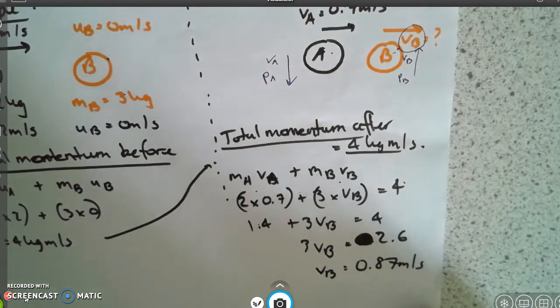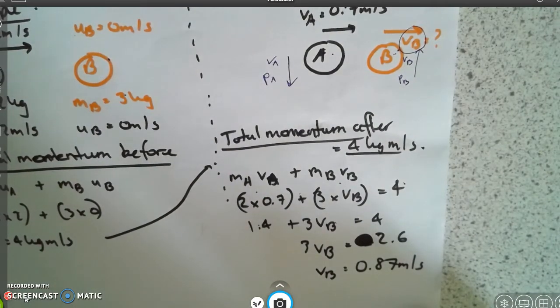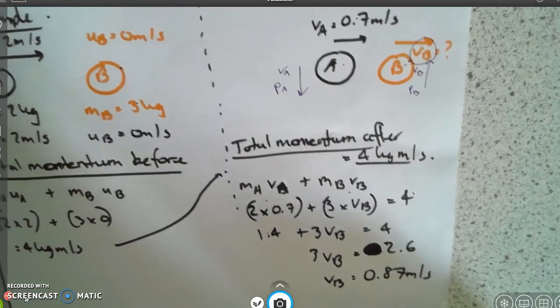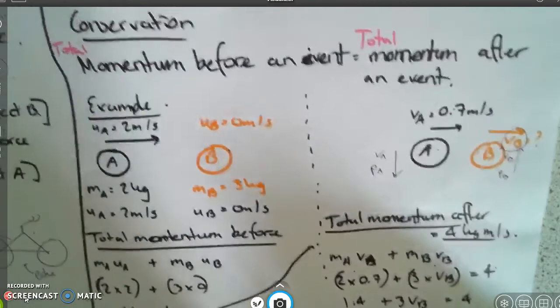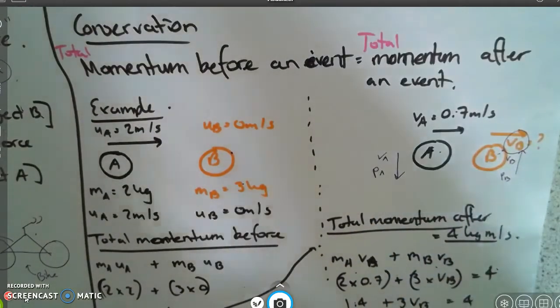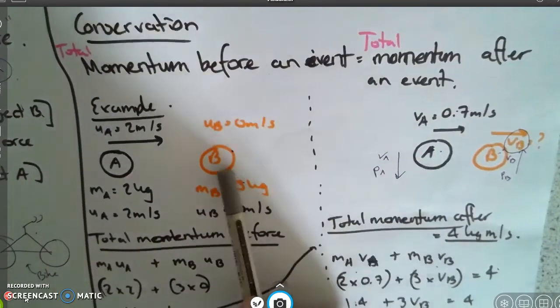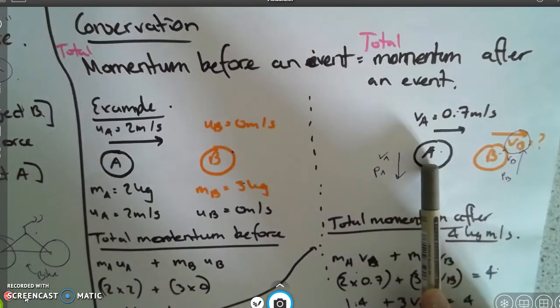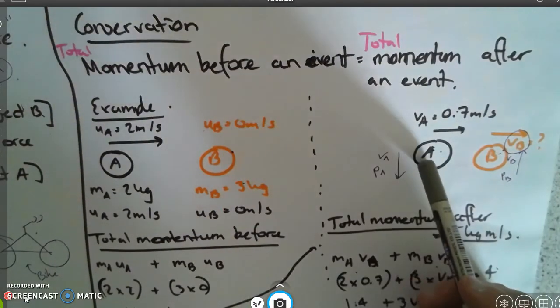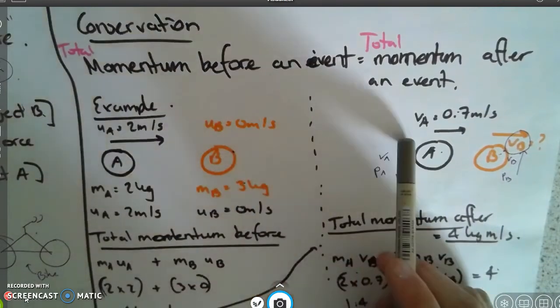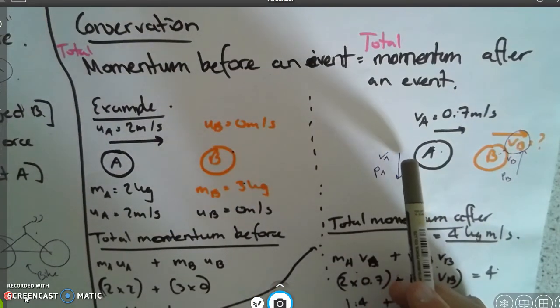Now, just one last thing. Let's make sure that we can do this qualitatively with words as well. If we're going to do it with words, we just look at A on its own and B on its own. A has not gone down in mass, so mass has stayed the same, but the velocity has gone down, so therefore the momentum of A has gone down.